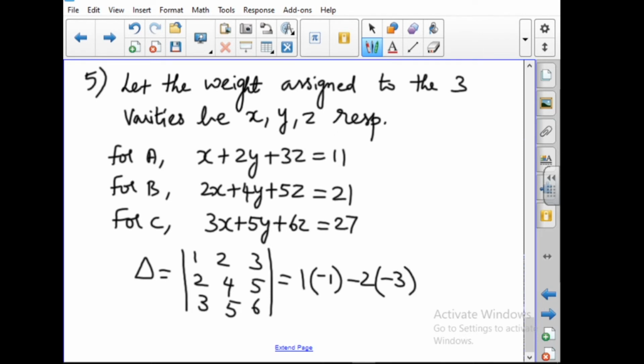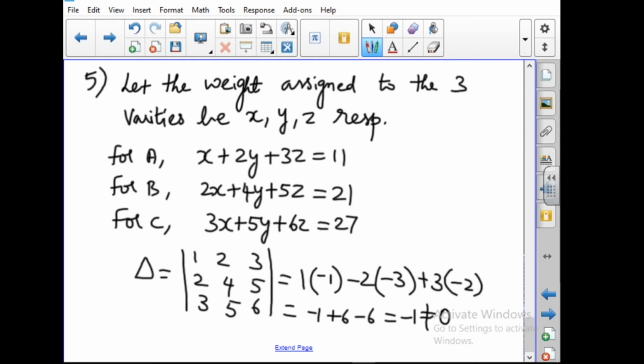Next, plus 3 into 10 minus 12. So it is minus 2. So it is nothing but minus 1 plus 6 minus 6. So your answer is minus 1. It is not equal to 0.